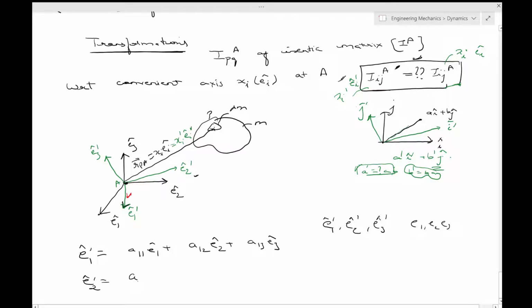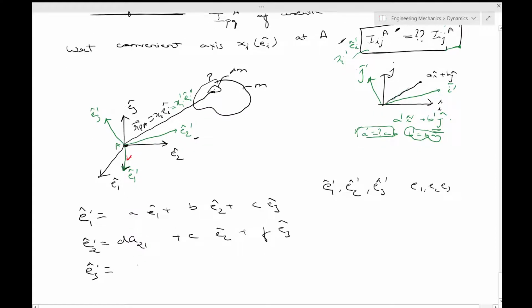I am writing these coefficients very carefully, but if you have an objection at this stage, you can just call them A, B, C, then D, E, F e3 hat, and similarly e3 dash can be written as G, H, I. So you have three scalar components A, B, C, three scalar components D, E, F, and three scalar components G, H, I, because these e1, e2, e3 are the basis vectors in terms of which you are writing e1 dash, e2 dash, and e3 dash.